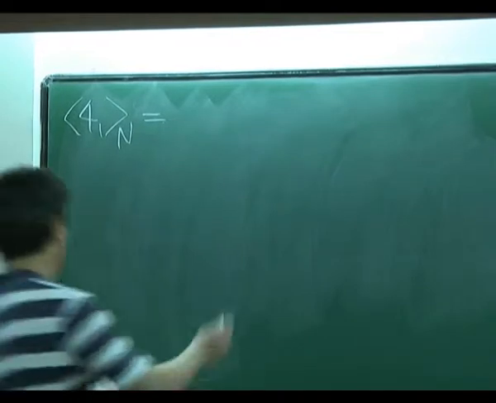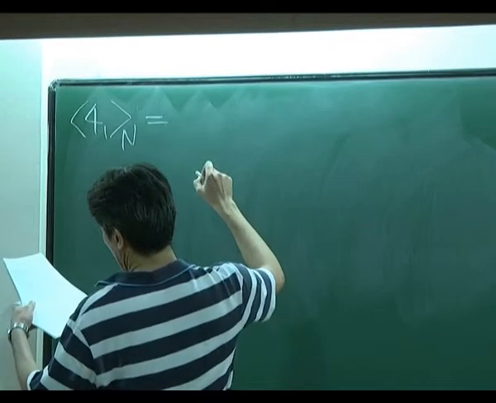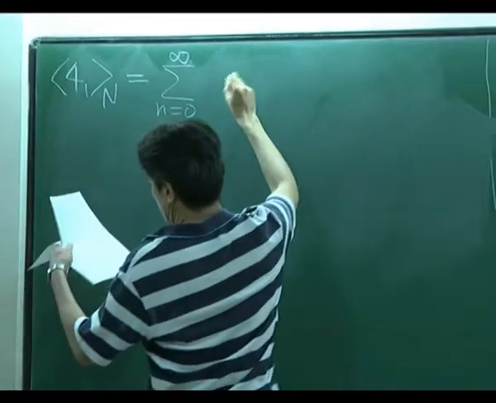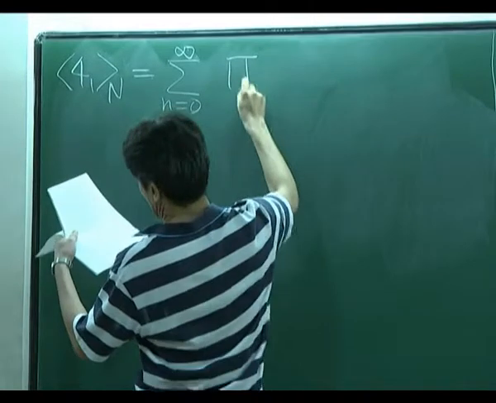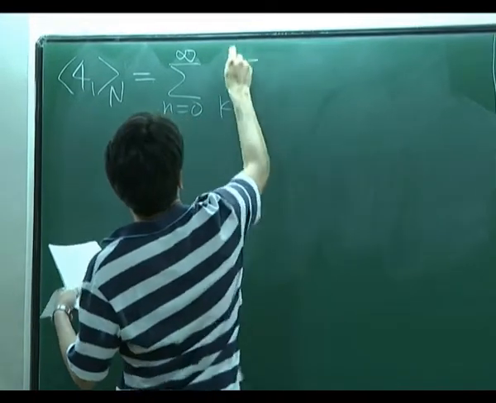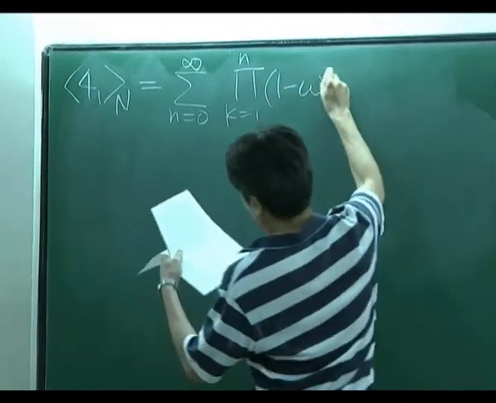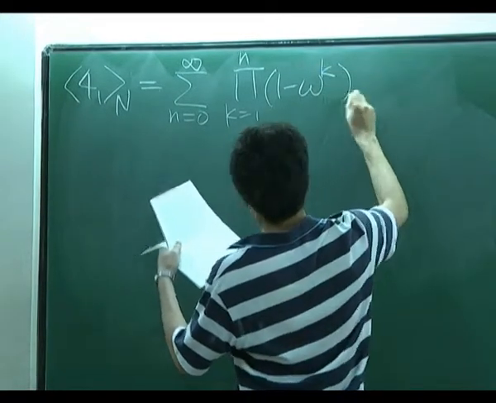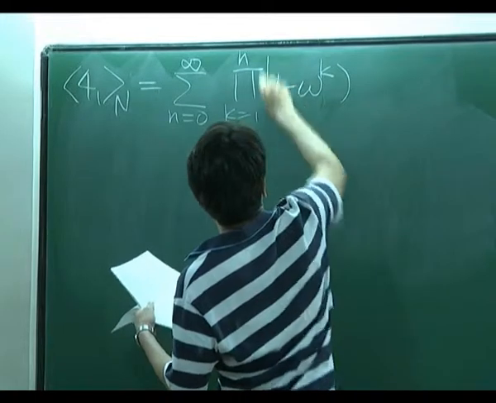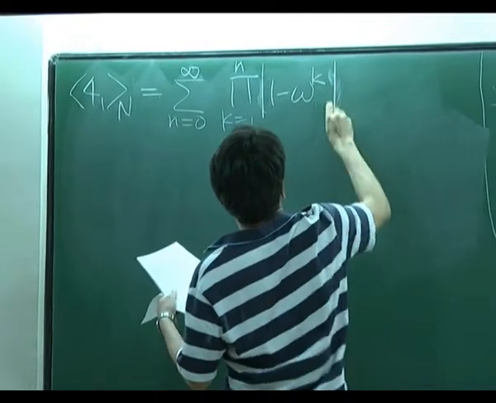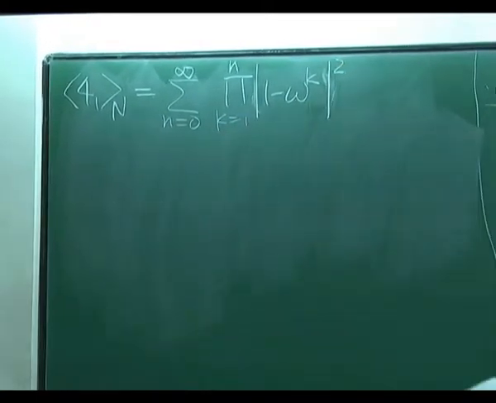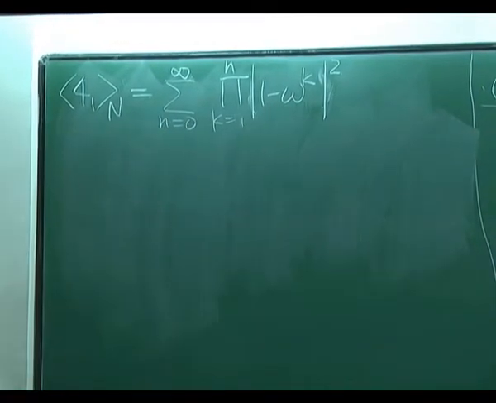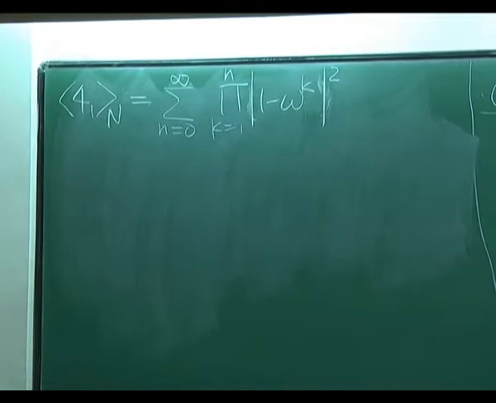Then the Kashaev invariant is just given by this one, just a real number. I mean, omega is the nth root of unity.